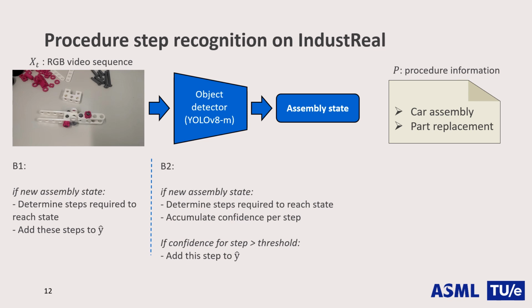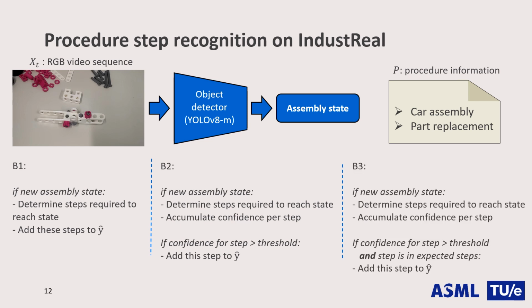And once a confidence for a step, so not a state, but a procedure step, exceeds a threshold, this step is added to the predictions. Finally, we have the third baseline, which is the same as the second baseline, but with an added filter so that only steps that are expected within this assembly or within this part replacement can be added to Y-hat.